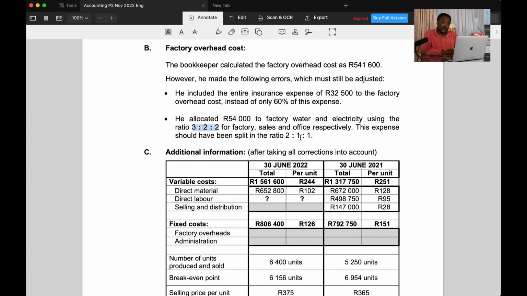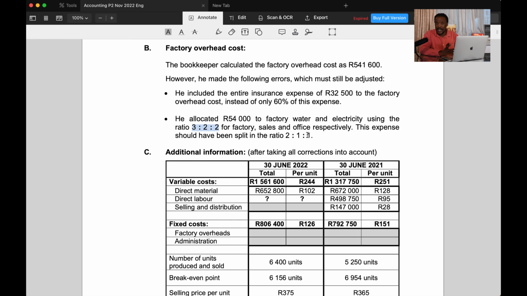If it is 2:1:1, it means factory is 2/4, sales 1/4, and office 1/4, because 2 plus 1 plus 1 is 4. Understand that denominator at all cost, how it works. It's very important. Some students don't understand these fractions, but it's very easy.